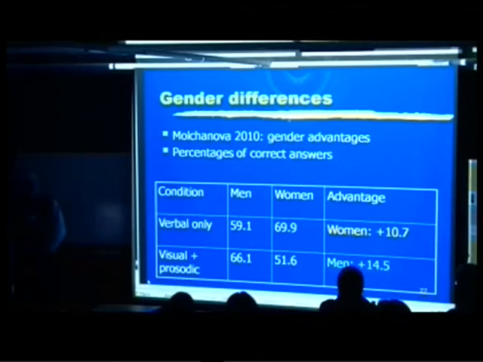There is almost 11% more correct answers in women in this condition, whereas men had an advantage in this very unusual and difficult to process situation of visual plus prosodic information integration. So I leave it to all of you to interpret these results. Just wanted to mention them really briefly.